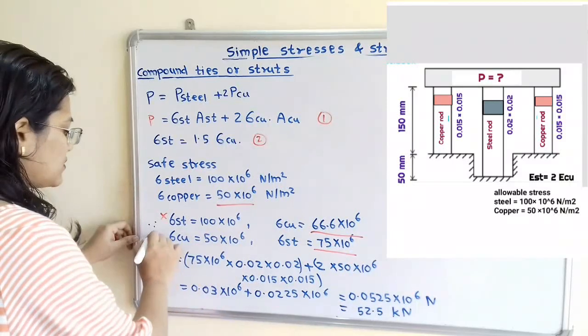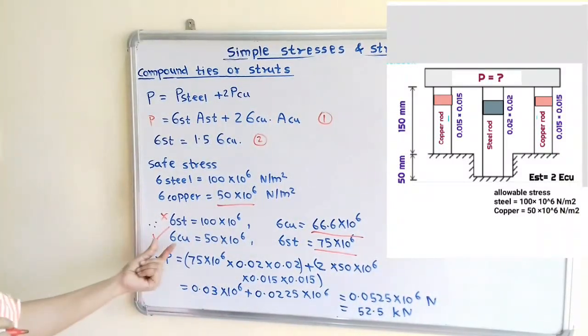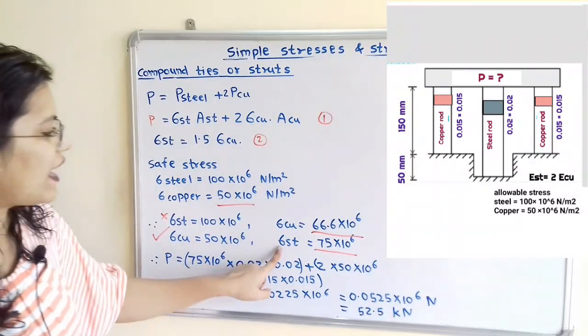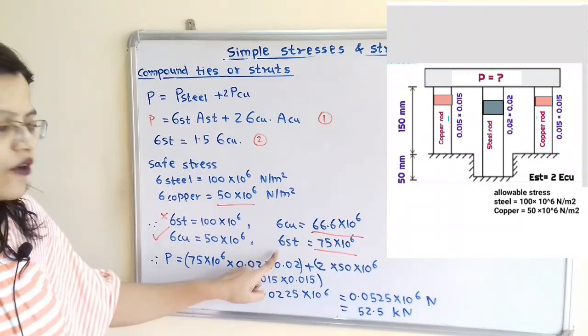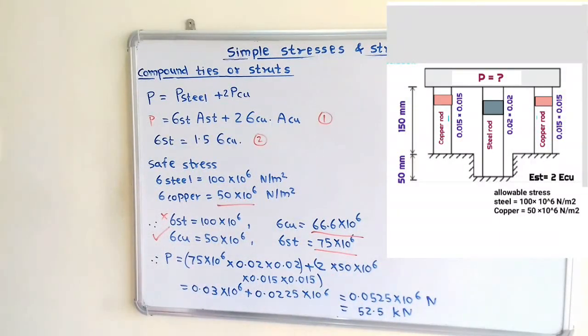So we can use this stress in copper as well as stress in steel. When stress in copper is 50 into 10 raised to 6, the stress for steel is 75 into 10 raised to 6. Now we will put these two values in equation number 1.